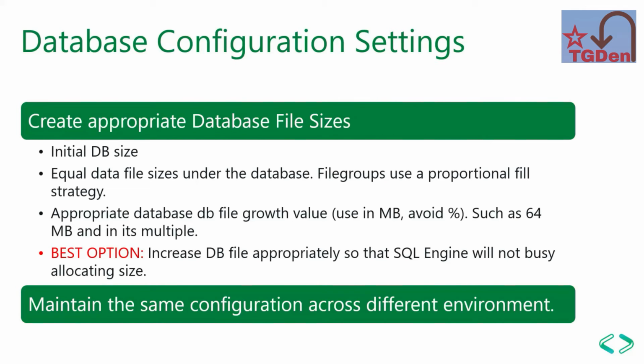And then, as I already said, maintain the same configuration across different environments. So what does it mean? For example, you have a non-prod environment, right? Which is probably a developer or maybe a stage environment. Try to maintain the same configuration as you are going to set for production, because if you create a dissimilar environment, the problem is, let's say you do all your tests with a lower configuration in dev, right?